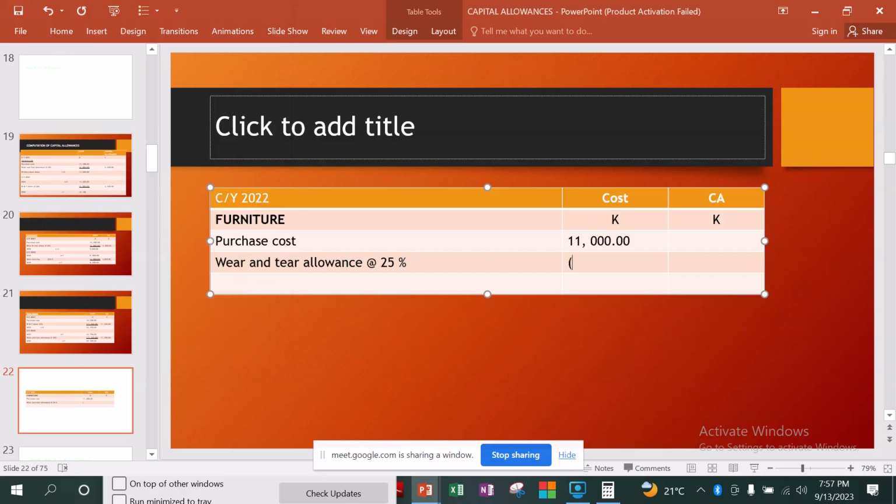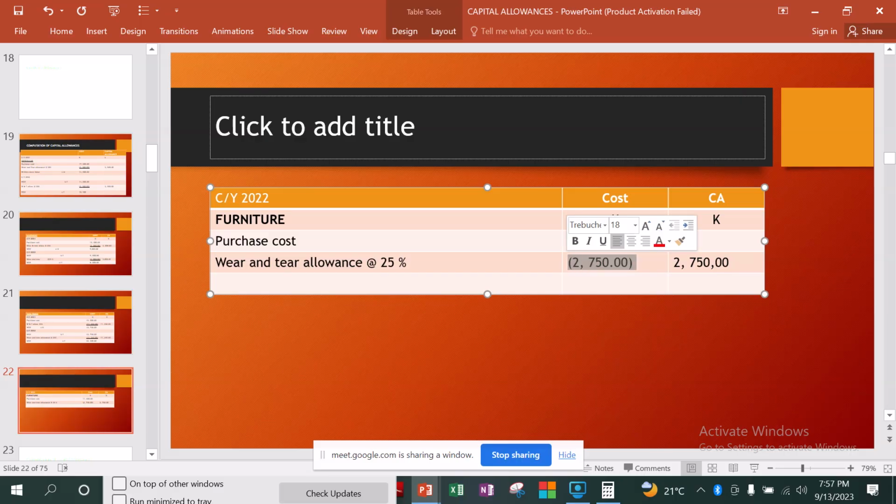So it's a capital allowance of 2,750. So again, we register that we have claimed 2,750. So what do we remain with? We remove that one. What are we going to remain with?